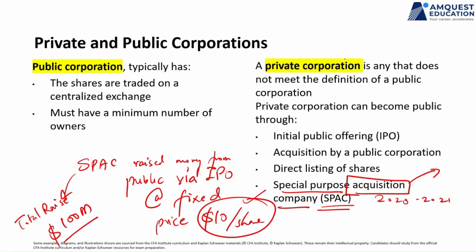If I acquire a private company, it automatically becomes public because I am publicly listed as a business. That company gets merged into the SPAC, right? So a lot of SPAC deals happened in 2020-21 where the SPAC acquired companies and those companies were eventually merged into the SPAC and all those private companies then went public. So these are options by which you can become a publicly listed company.